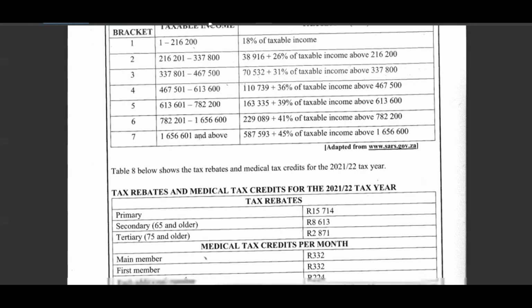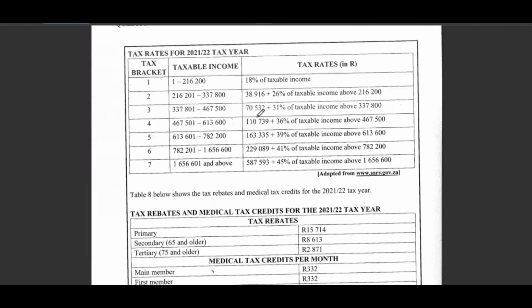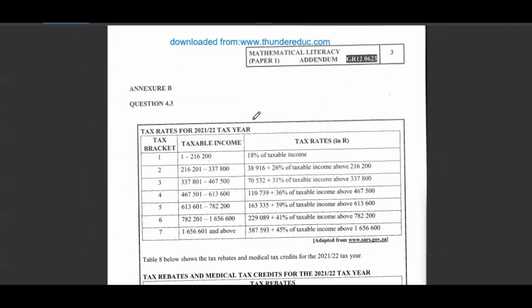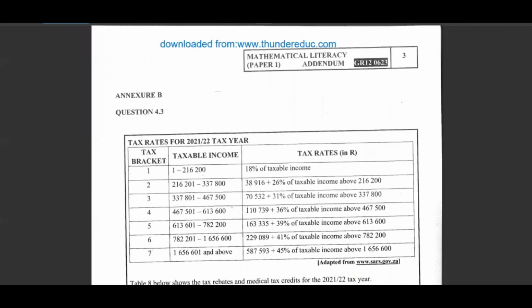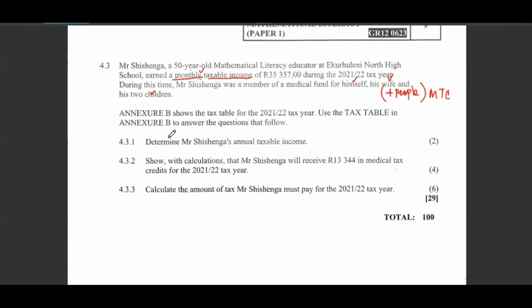Annexure B is this one here. Annexure B, taxation. All right, we look at that and we see it says, determine Mr. Shishenga's annual taxable income.